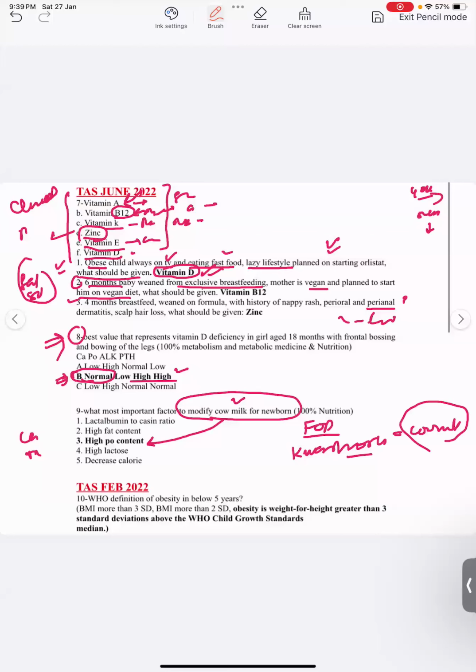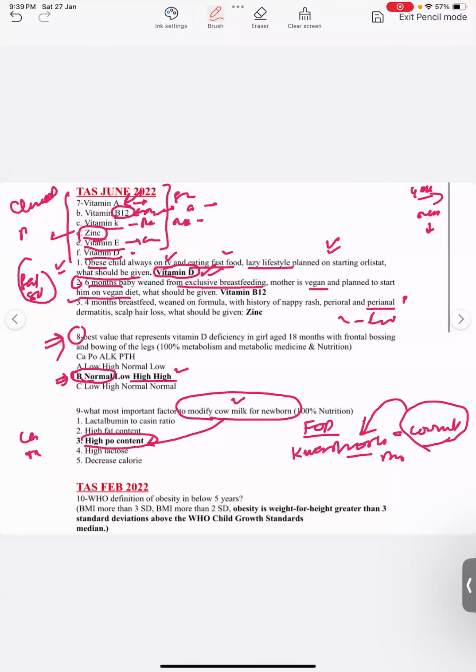Cow's milk has a high protein content. Okay, so in patients coming with kwashiorkor with a protein deficiency, the nutrition of choice is cow's milk, not the mother feed. The same thing they basically want to ask here. Cow's milk protein has a high protein content when compared to the mother feed.